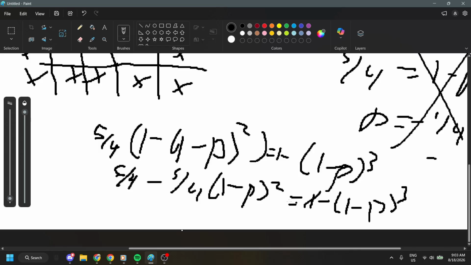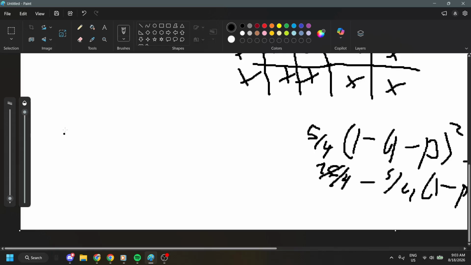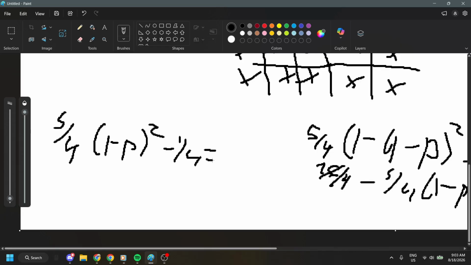Subtract 1 from both sides. This turns to 1/4. We should multiply everything by negative. So we have 5/4 times (1 minus p) squared minus 1/4 is equal to 1 minus p cubed. See, now we can't divide by 1 minus p, and I think the only solution here is to, like, what happens if I put 1/2 in? I get 1/2.